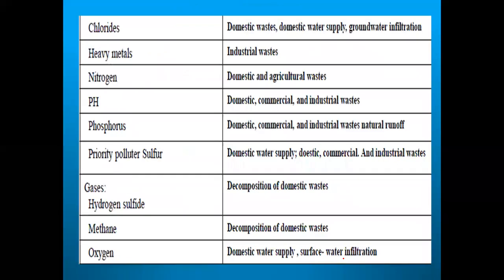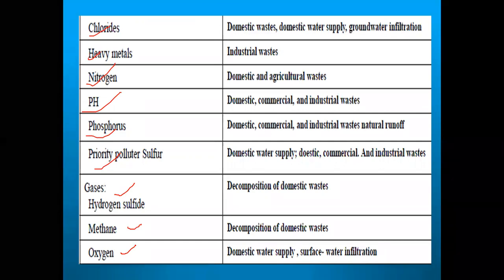Other chemicals like chlorides, heavy metals, nitrogen, pH, phosphorus, sulfur, and gases such as hydrogen sulfide, methane, and oxygen. These we get from domestic waste.